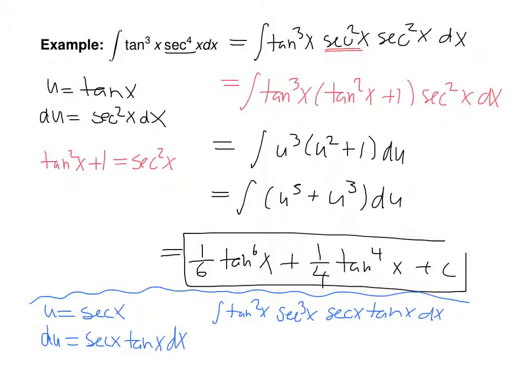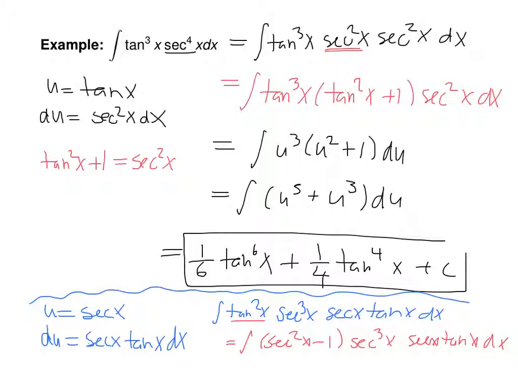And you could have replaced that tangent squared by secant squared x minus 1. So if that was the first thing that came to your mind, that's actually also correct.